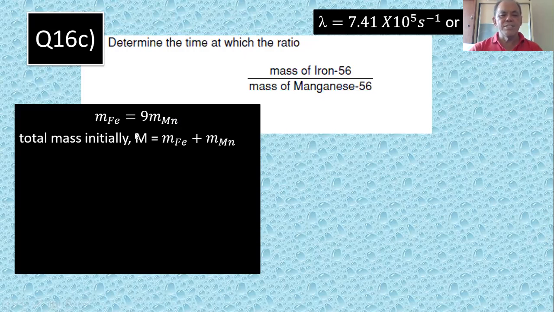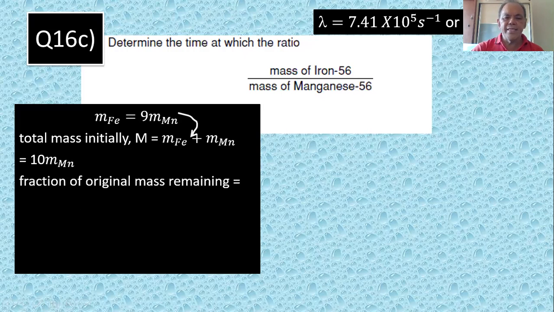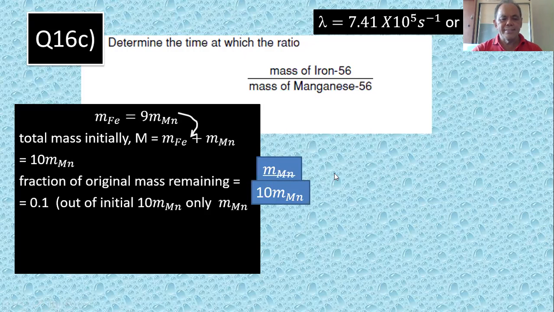So the total mass initially will be the amount of iron present at this particular time plus the manganese present at this particular time. And then we know iron in terms of manganese, you add 9 plus 1 is 10 mass of manganese. Right? So the fraction of mass remaining, mass of manganese present, is just that one there, and initially it's just 10. So you get 0.1. 0.1 fraction left.